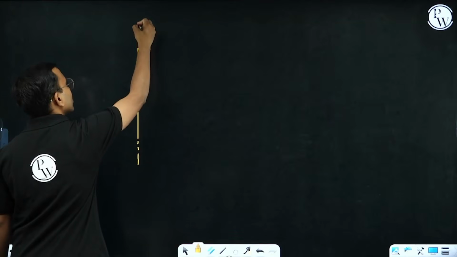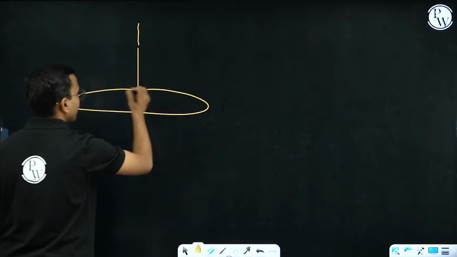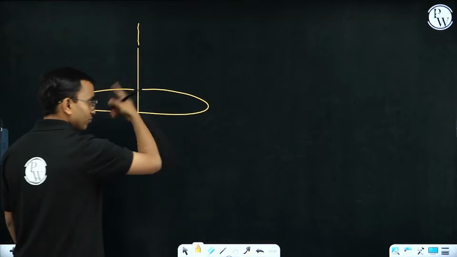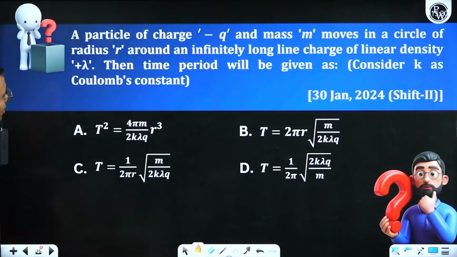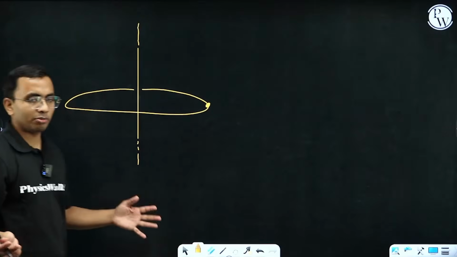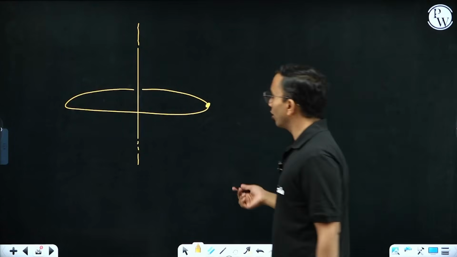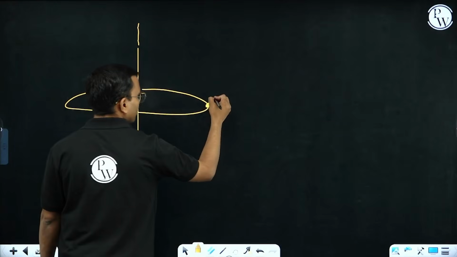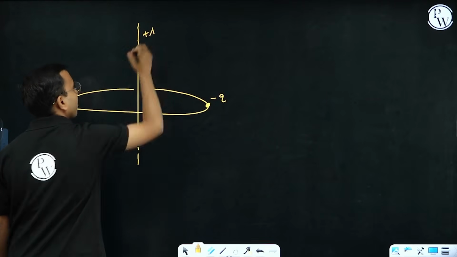The charged particle is moving in a circle around it. So when it is moving in a circle, what is the charge of the particle? Minus q. And the line charge is plus lambda, then only it can move in a circle, because otherwise it will repel. If both are positive, they will repel each other. So this is negative, minus q, and here the charge per unit length is plus lambda.